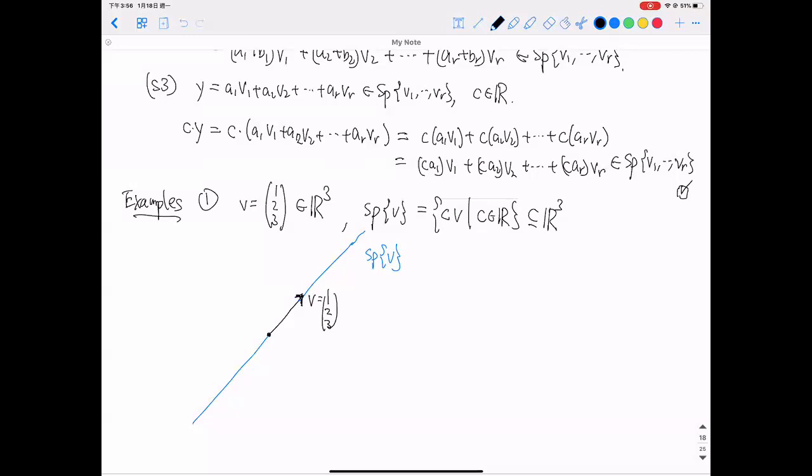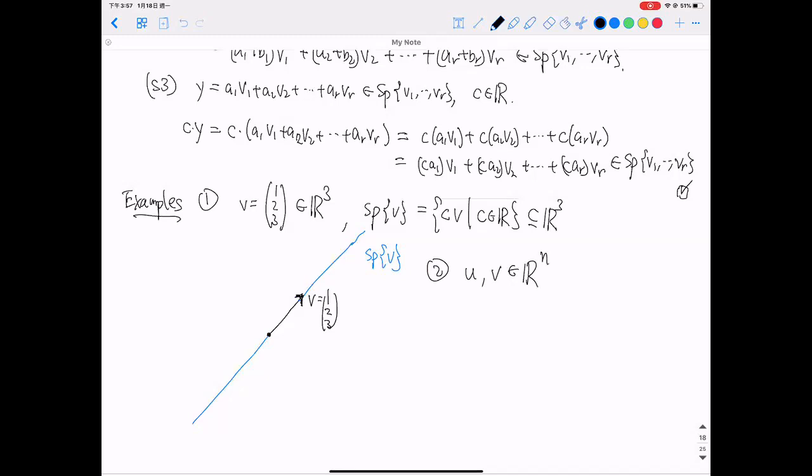So now let's consider two vectors. In fact, we can do Rn, not just R3.